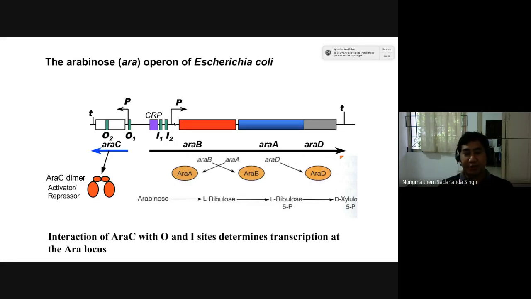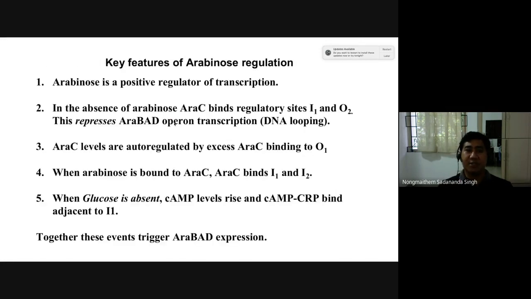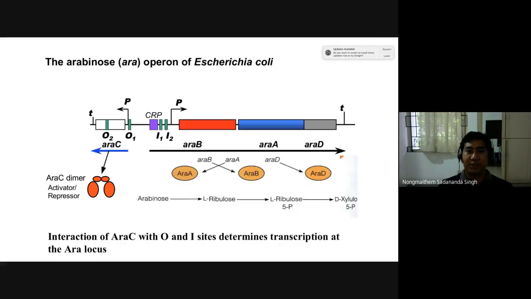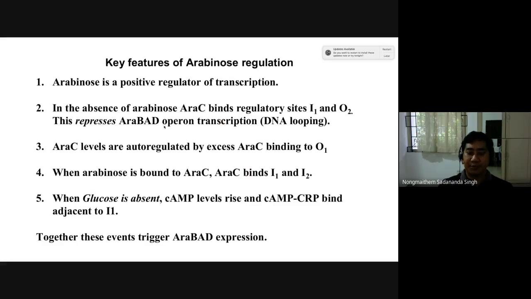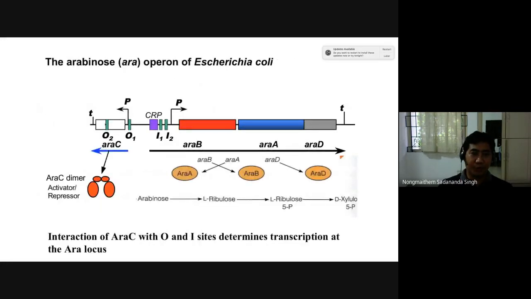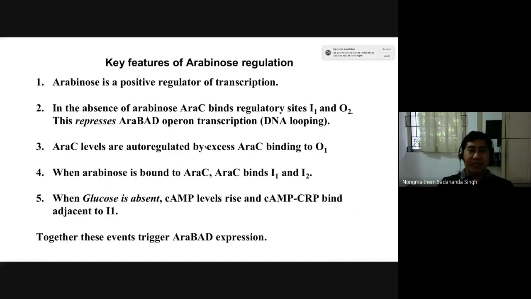So why it is important here is that when AraC binds to the inducer element 1 and operator O2, this O2 and I1, it becomes a repressor for these arabinose genes.